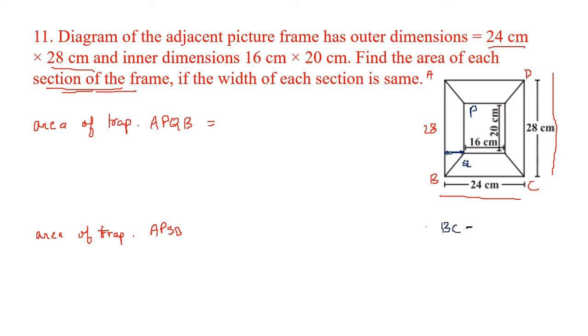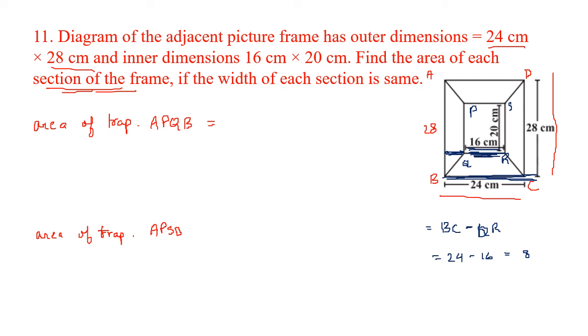From this BC, I will subtract this part, QR. So BC minus QR, that is 24 minus 16 gives me 8.